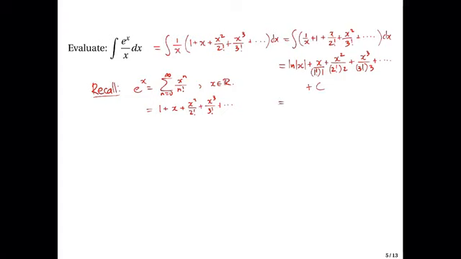So this guy here is simply ln of the absolute value of x plus the sum, we start with n equals 1, up to infinity of x to the n over n factorial times n. And then you have the plus C. So this is the answer to this integral.